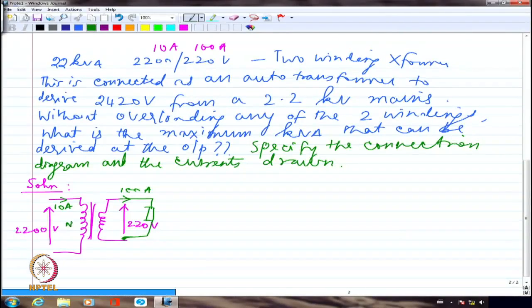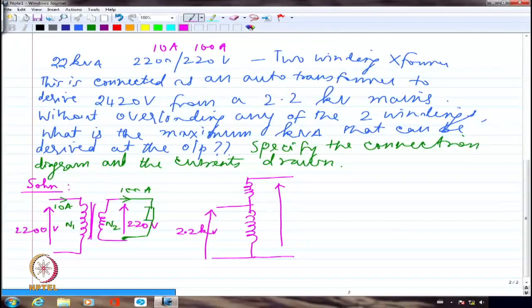Now what is being asked is, I have to connect two of them in series. This is the 2200 volts winding and that is the 220 volts winding. I am applying 2200 volts here. So this is 2.2 kV and what I am getting here is 2.42 kV. And I can't overload any of the winding.